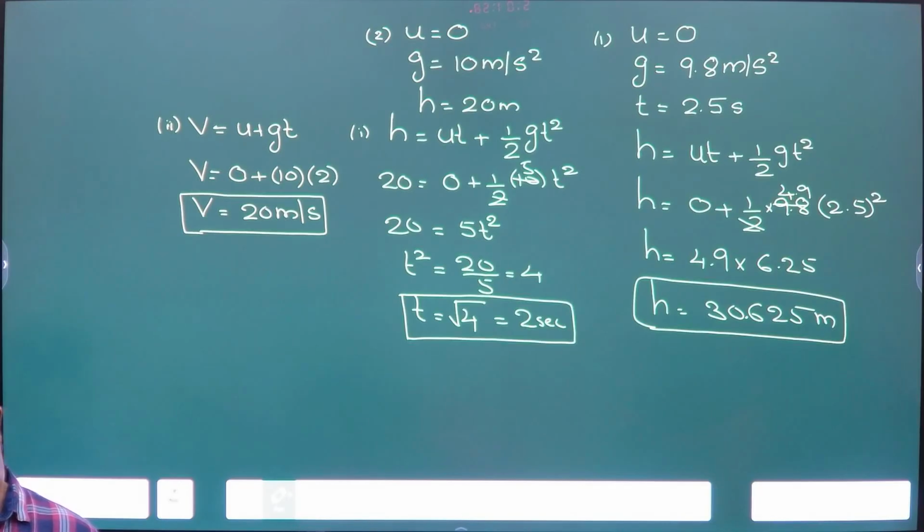How high will it go before it begins to fall? Before it begins to fall. How high will it go before it begins to fall?